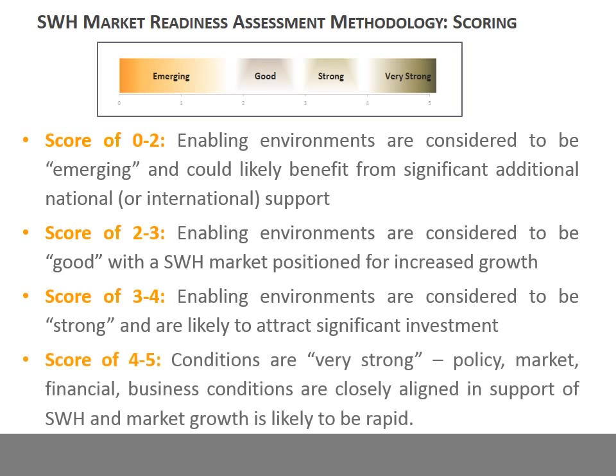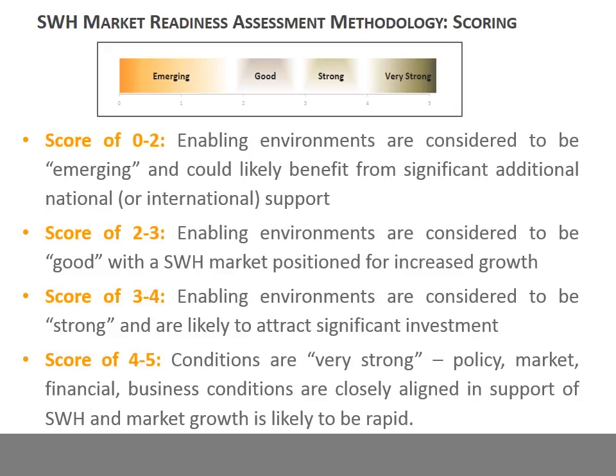A score of 4 to 5 indicates that a country's solar water heating conditions are very strong. Policy, market, financial, and business conditions are aligned closely in support of solar water heating, and market growth is likely to be rapid. Given the alignment of factors necessary to score above 4, the number of countries with very strong enabling environments is extremely limited.